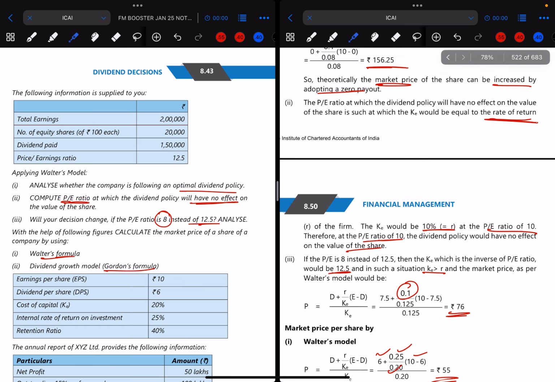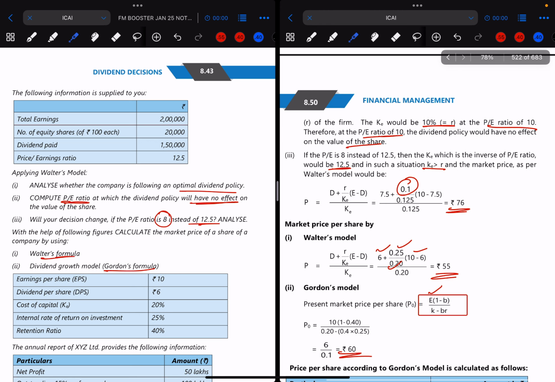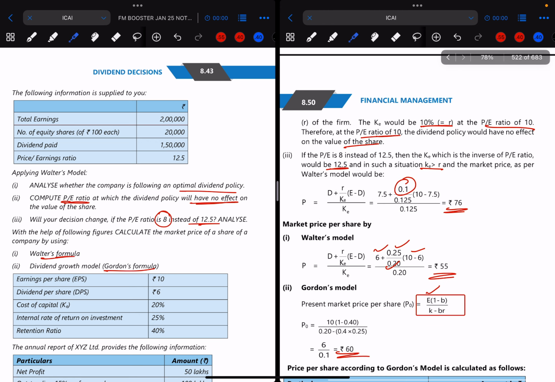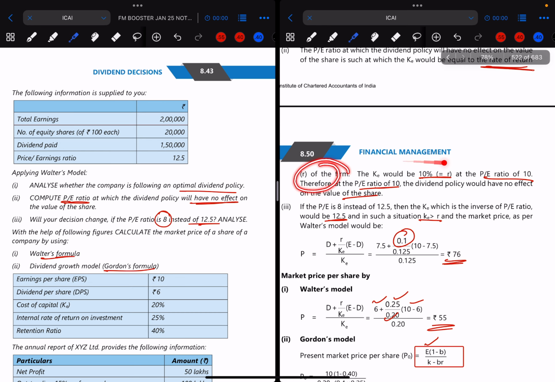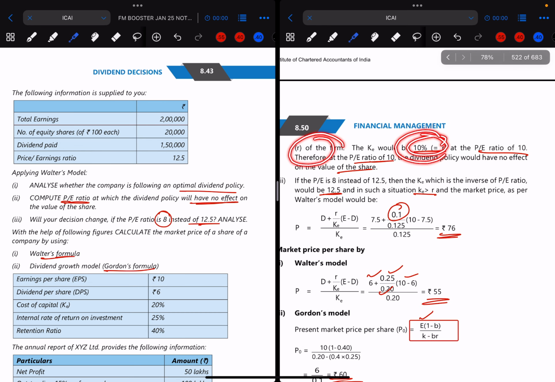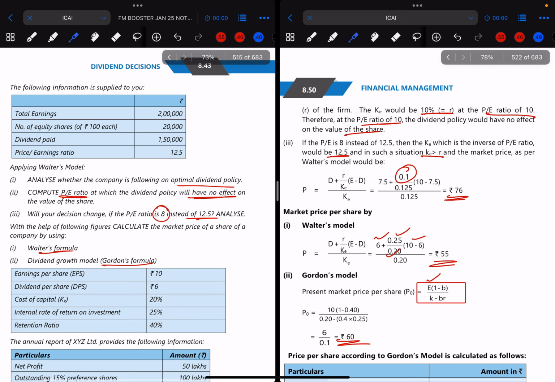And the second one is about the P/E ratio, right? If the K is not given, the same thing, P/E ratio will be there. So this is simple.